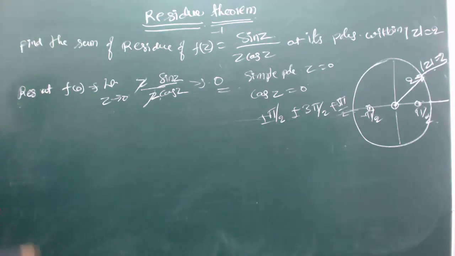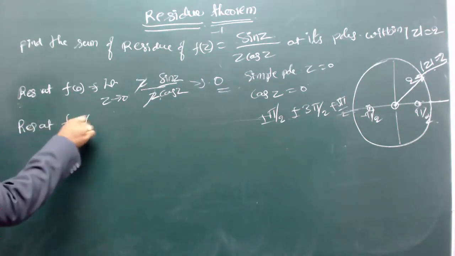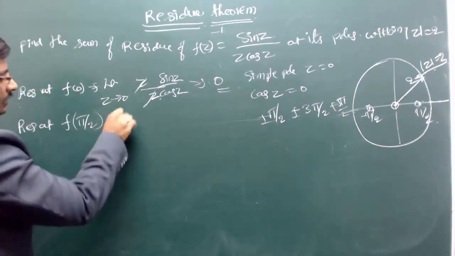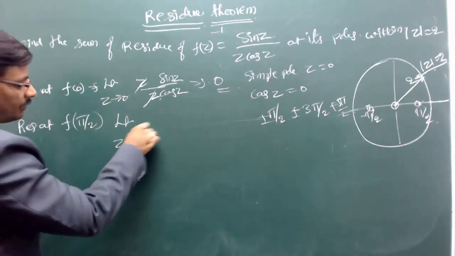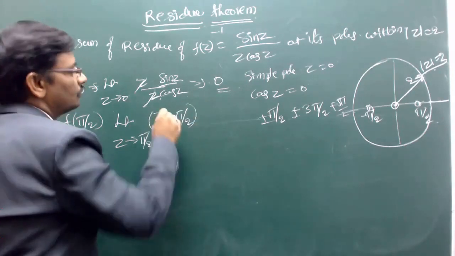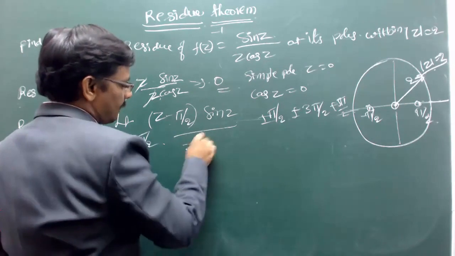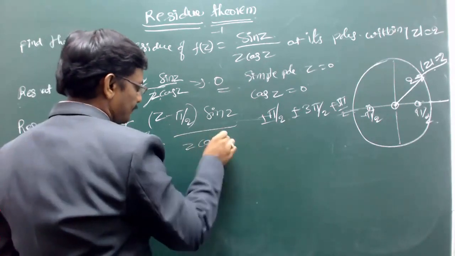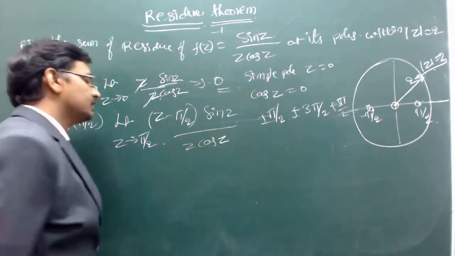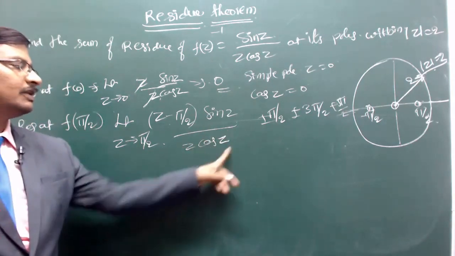And another residue at f of plus pi by 2 is the limit z tends to pi by 2 of z minus pi by 2 into sin z divided by z cos z. Now when z is equal to pi by 2, this will become 0.